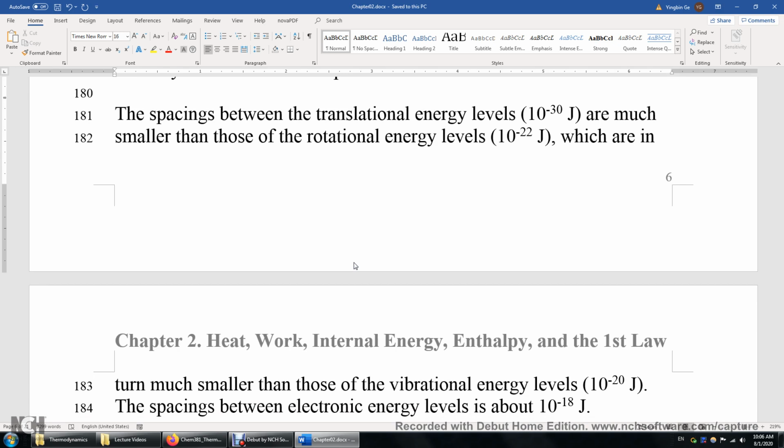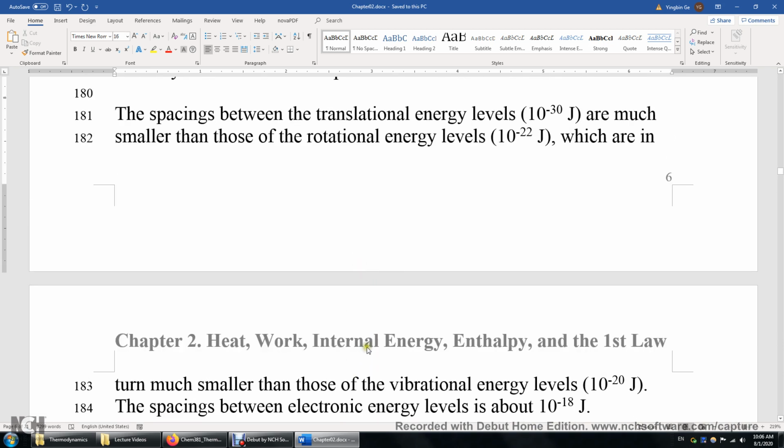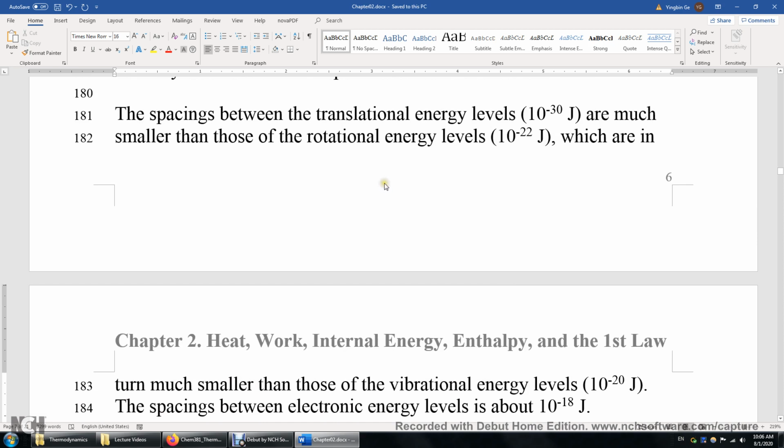The same molecule may occupy this translational energy level and that rotational energy level. So it's possible for a molecule to occupy the lowest vibrational energy level, yet the second lowest rotational energy level and the fifth lowest translational energy level. So they are different.